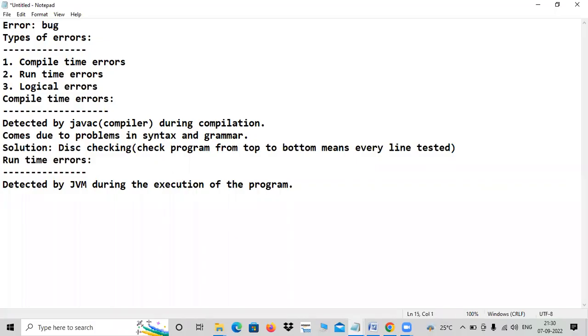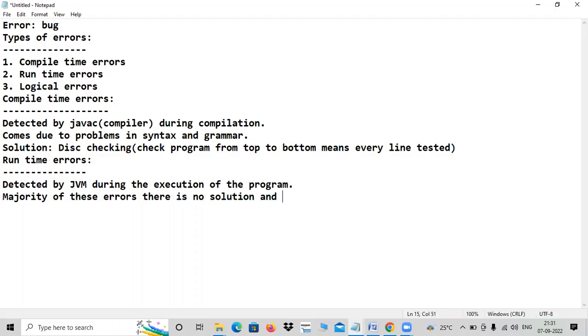And majority of these errors, there is no solution. We have to live with it. There is no solution. Okay, fine.